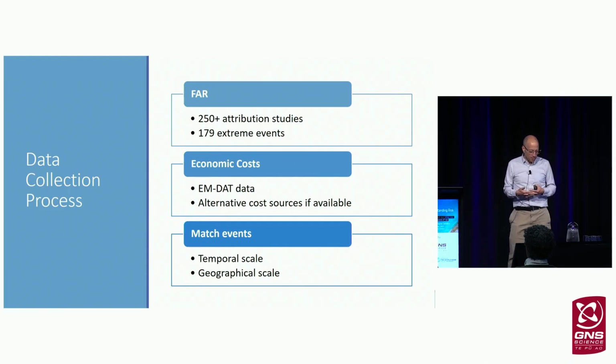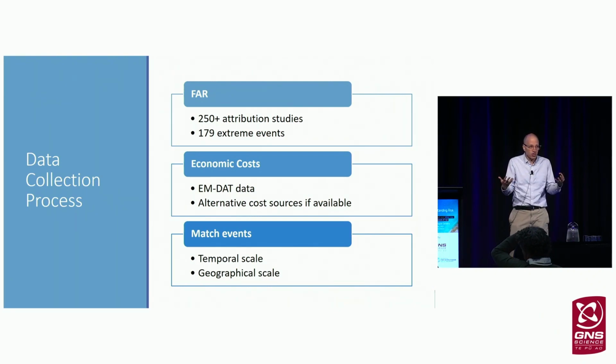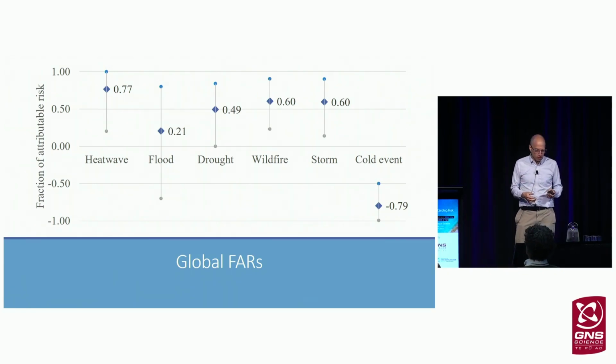And then we match those events on sort of temporal and geographical scale. And then we say something, as you will see in a minute, about the economic costs of these events. Okay? Now, we've looked at 250 studies on attribution, collected all the data from 250 studies, and then we average them out, and we come up with this graph.